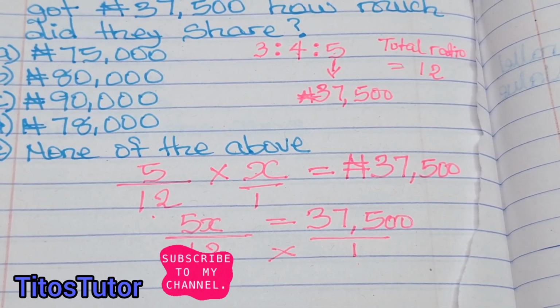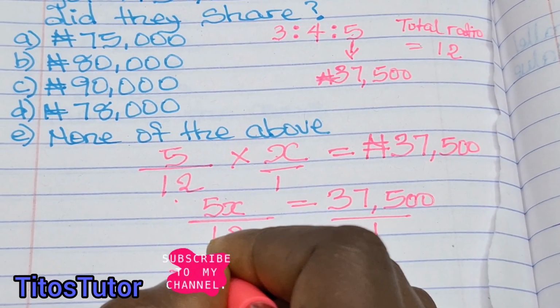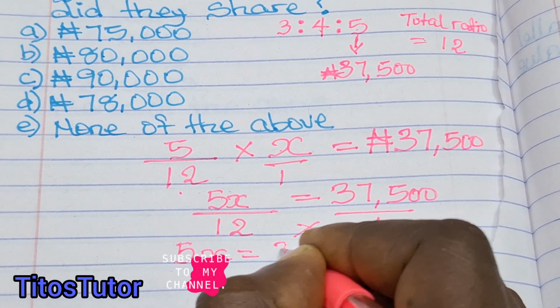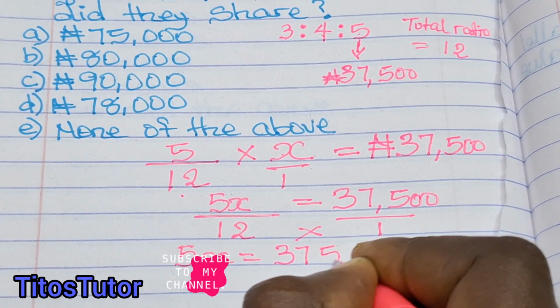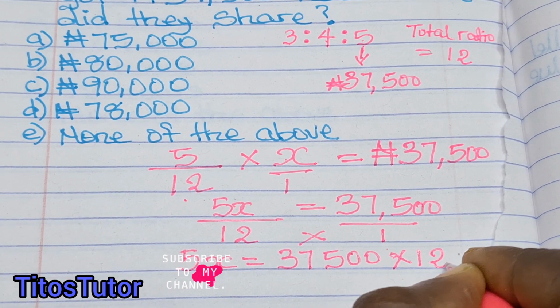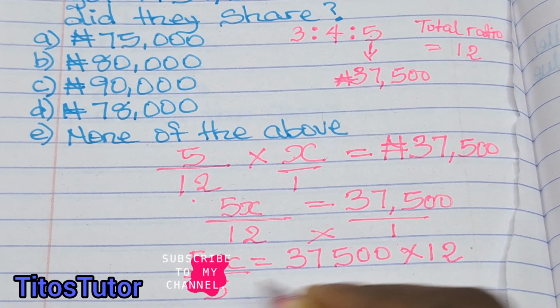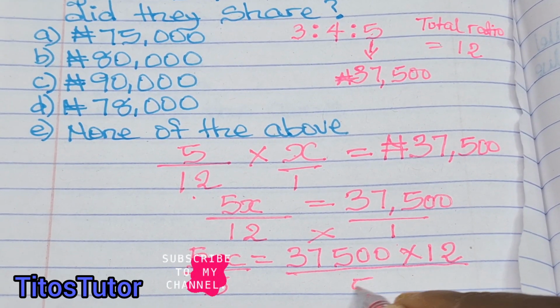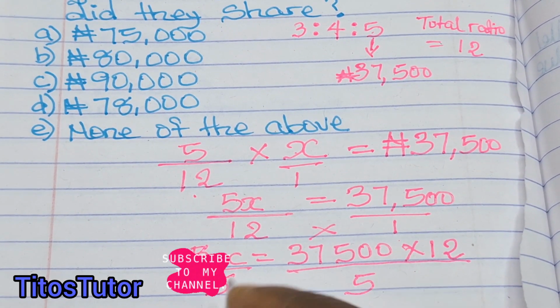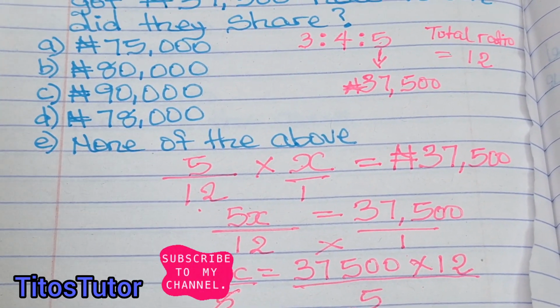So 5x times 1 is 5x, and here I have 37,500 multiplied by 12 over 5. This 5 cancels 5. I'm left with x. So let's calculate that.